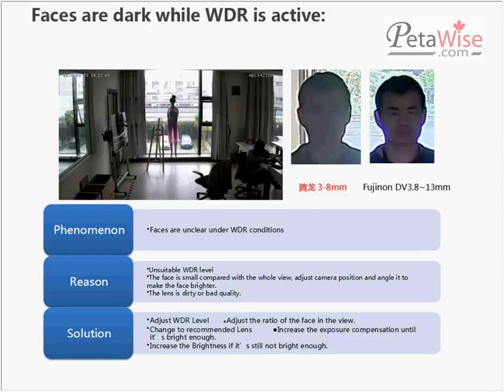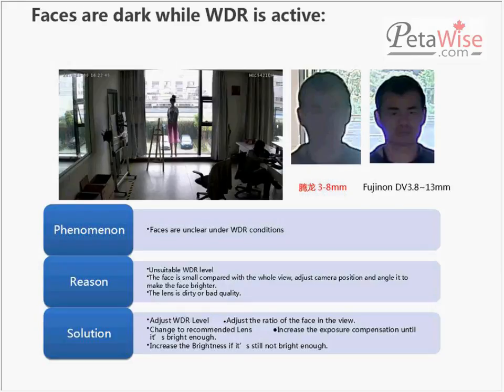But occasionally this can cause the effect that we see on the right here of the faces being washed out, we don't see any details on the face. And of course, this is not something we want.